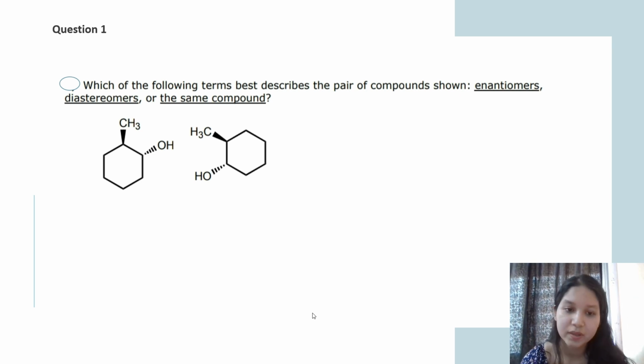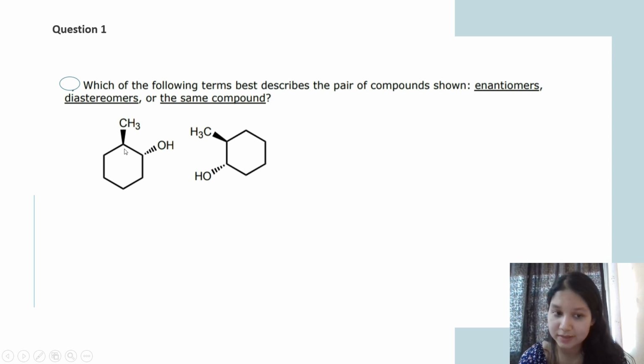Okay, so let us move to the first compound present. We have one methyl substituent and one hydroxy substituent present in adjacent carbon atoms of this cyclohexane ring. Let us assign the stereochemistry of these two stereogenic centers.